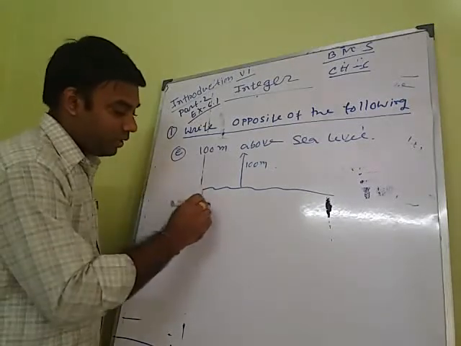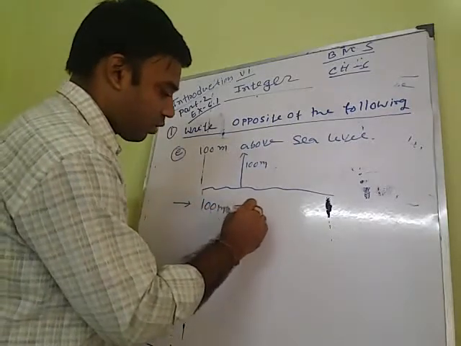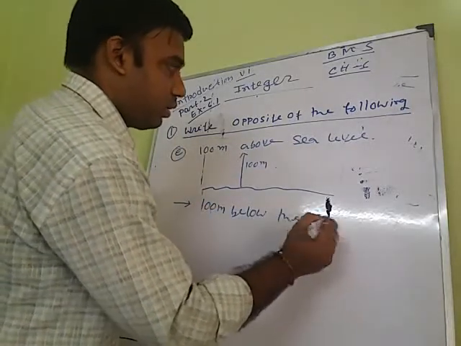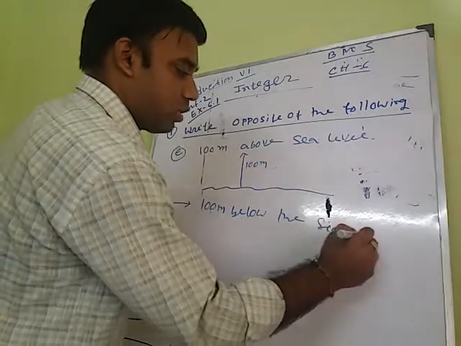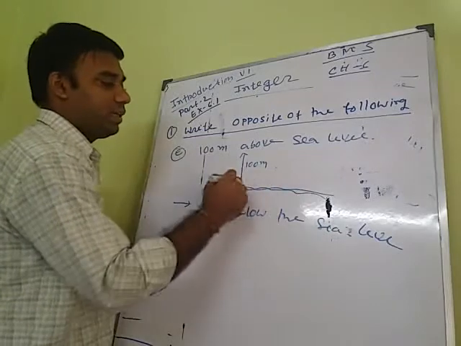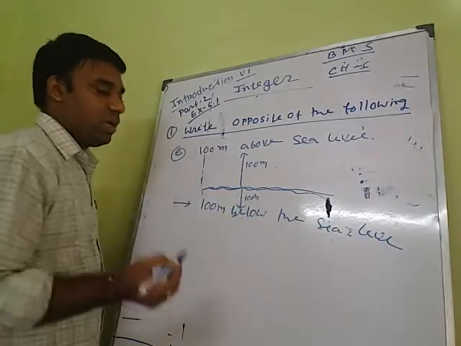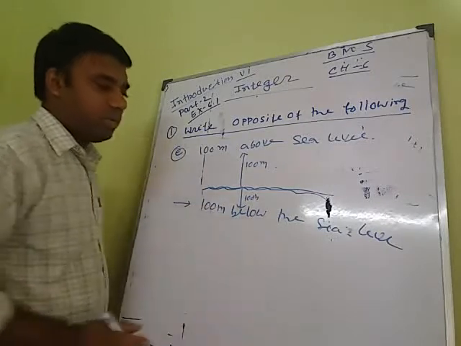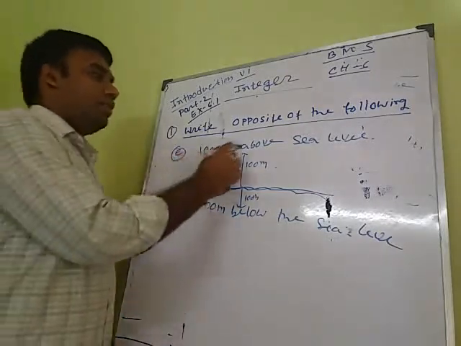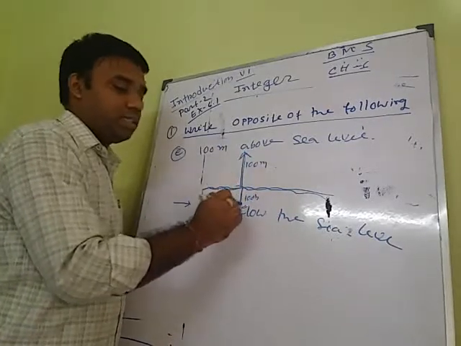That is 100 meter below the sea level. So 100 meter above the sea level is from the sea level upward, and below is downward.